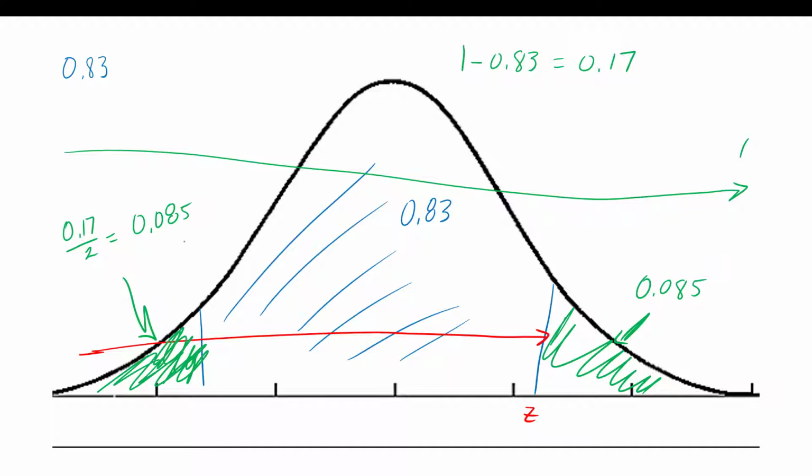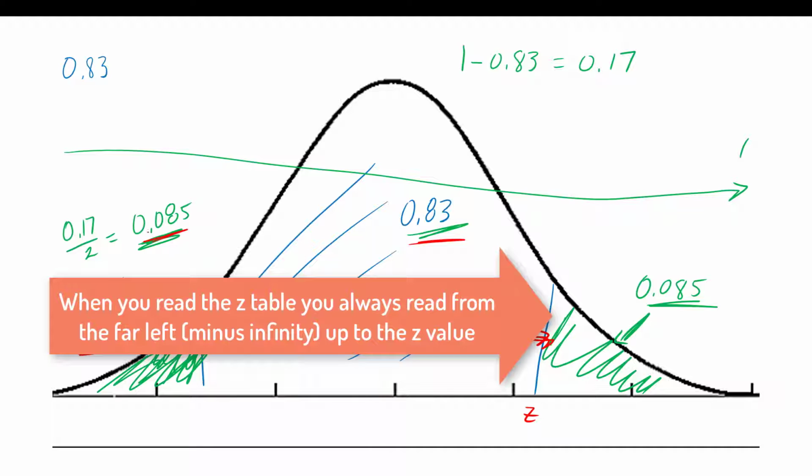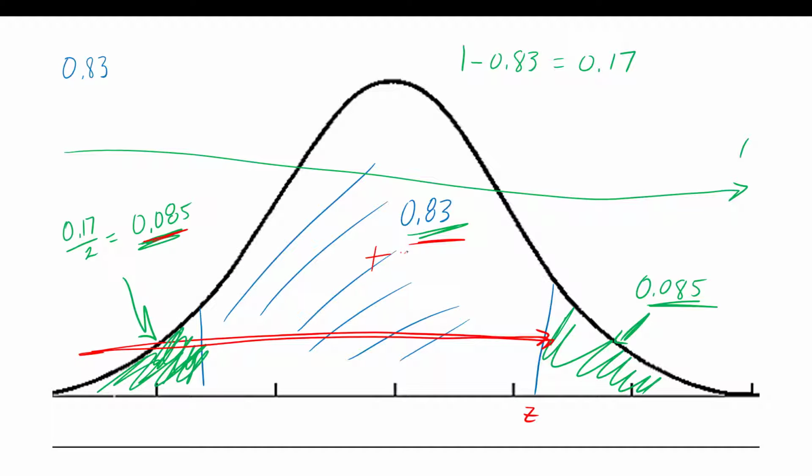If you don't believe me, add 0.085 plus 0.83 plus 0.085, and you will see you'll get 1. Okay? So now, as I can see, I want this red area, this entire area, which is the middle 0.83 plus this area 0.085.